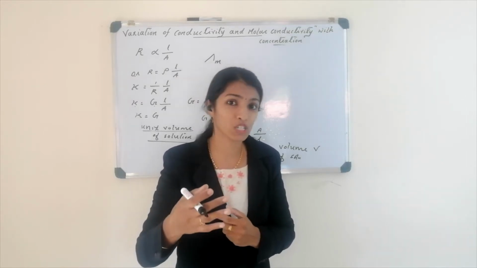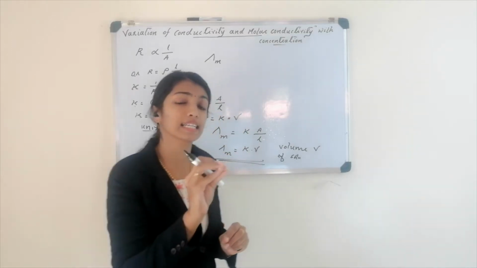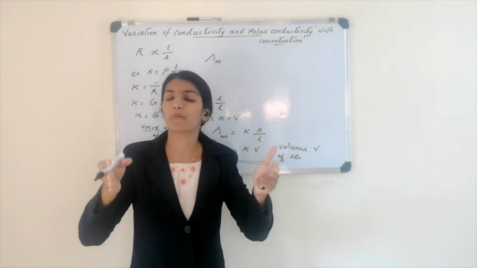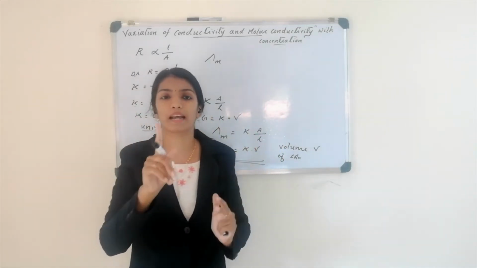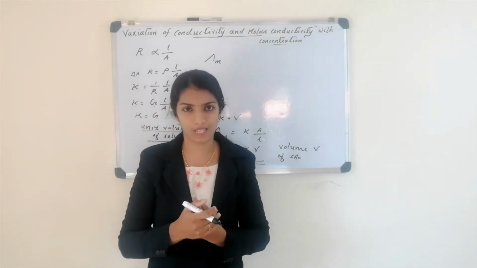I hope you have understood the difference between conductivity and molar conductivity. What is conductivity? Conductivity is the conductance of unit volume of a solution kept between 2 platinum electrodes separated by a distance 1, and the area of cross section is 1 square meter or 1 square centimeter.